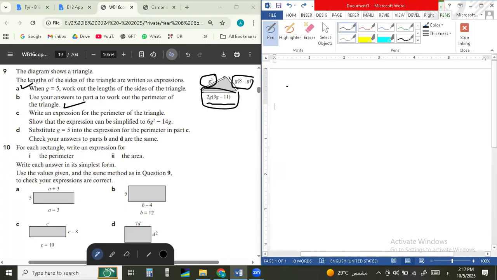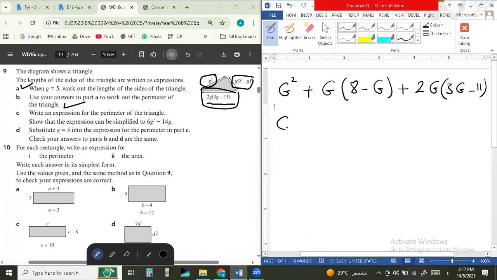So I'm going to make it here, g squared plus g times 8 minus g plus 2g times 3g minus 11. This is how I'm going to find an expression for the perimeter.